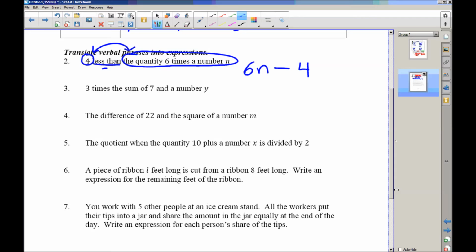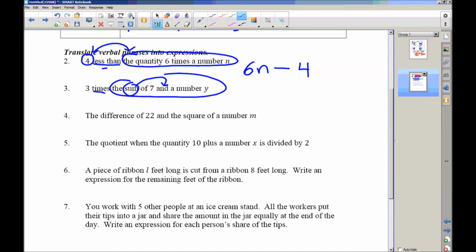Okay. All right, so 3 times the sum of 7 and a number y. So 3 and then times is going to be multiply. And then sum is the answer to an addition problem. And the word and in here takes the place of the add. A lot of people think that and only means add. And means a lot of things. It takes the place of what sum or product or quotient and changes it with that symbol.